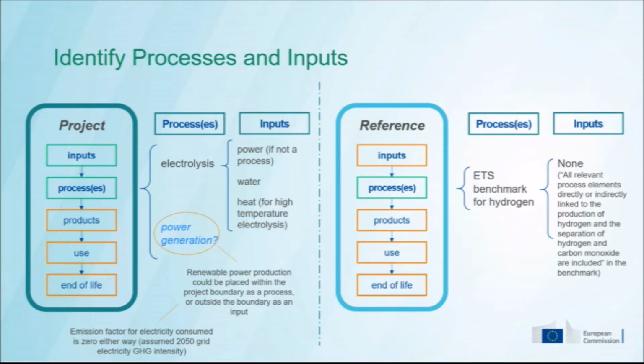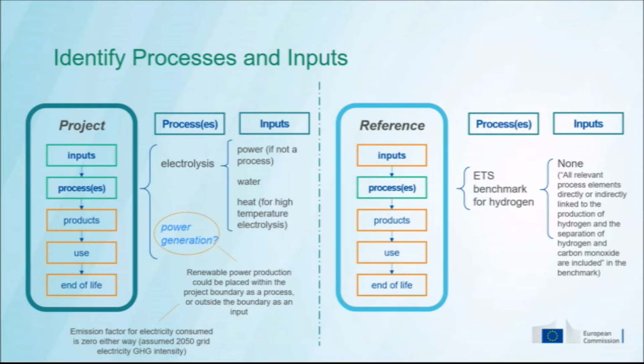Renewable power production could be placed within the project boundary as a process, or outside the boundary as an input. So you'll see that there right in front of you. The power generation, you could treat it as an input, or it could be part of your electrolysis process.